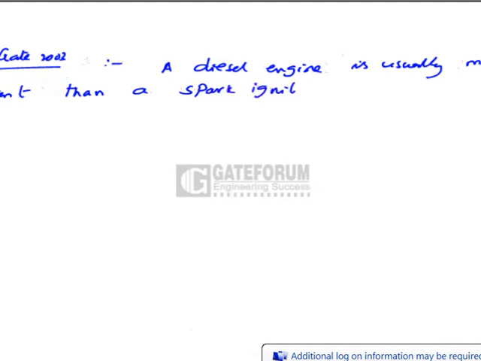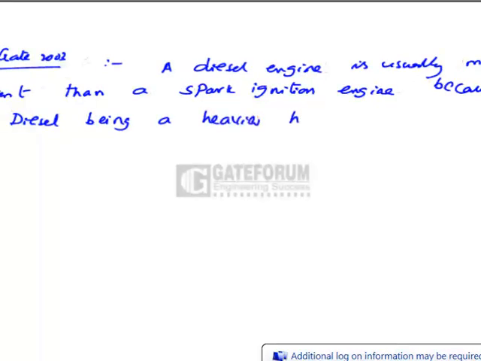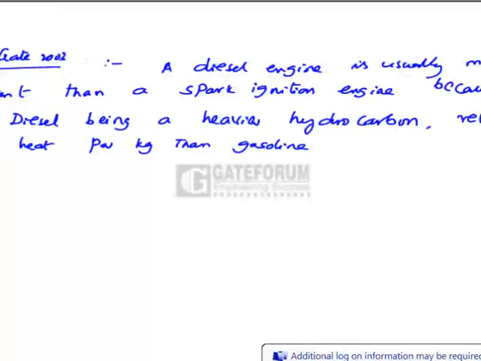The question is asked like this: a diesel engine is usually more efficient than a spark ignition engine because A. Diesel being a heavier hydrocarbon releases more heat per kg than gasoline.